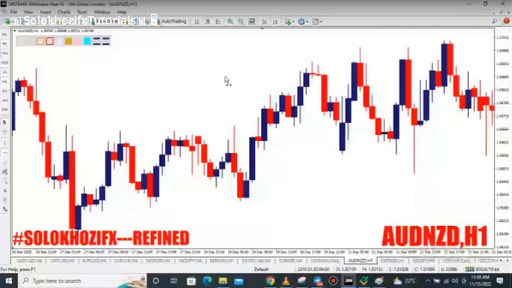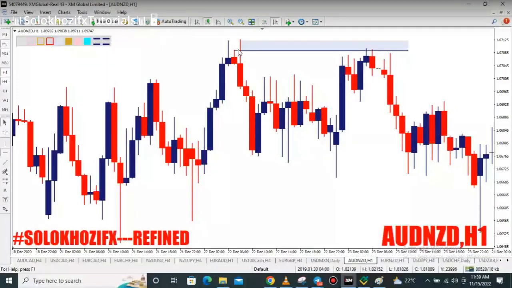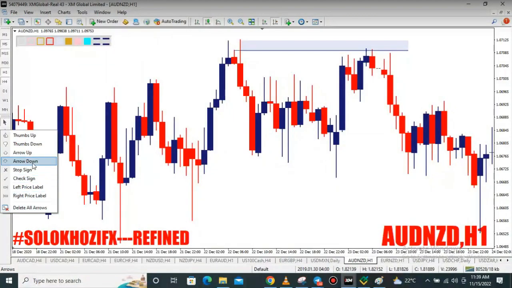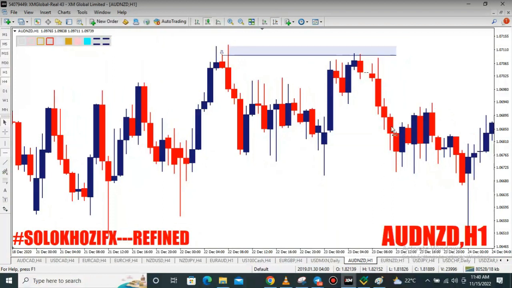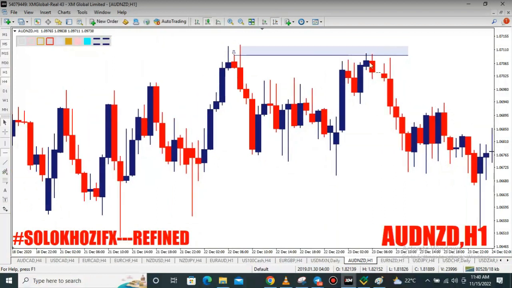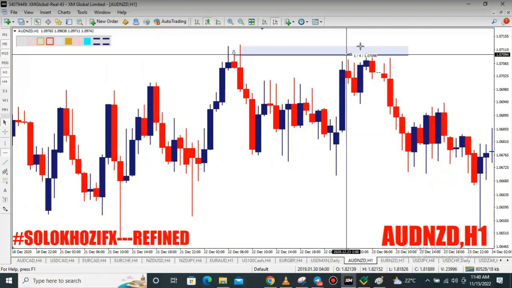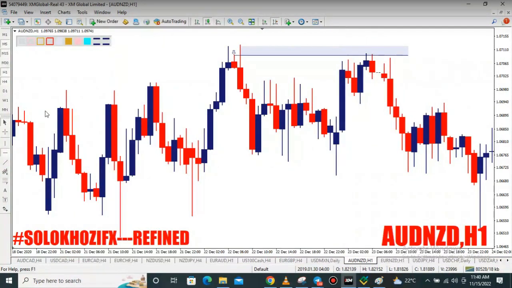Like here. If you take note of the wicks, you can see this is a shorter wick compared to the other one. This is your entry point, and your stop is 30 pips above. So this is where you have your stops. In this instance, it would have been a bit tight, maybe around here.